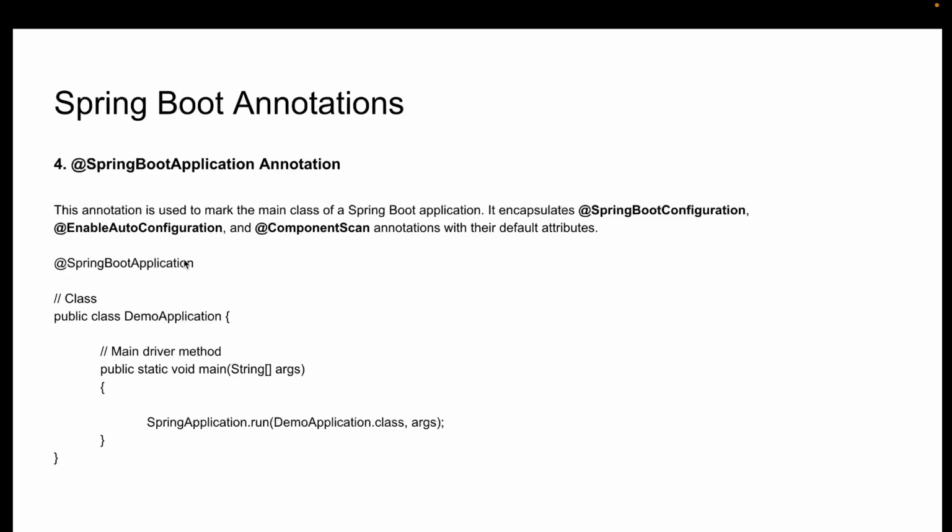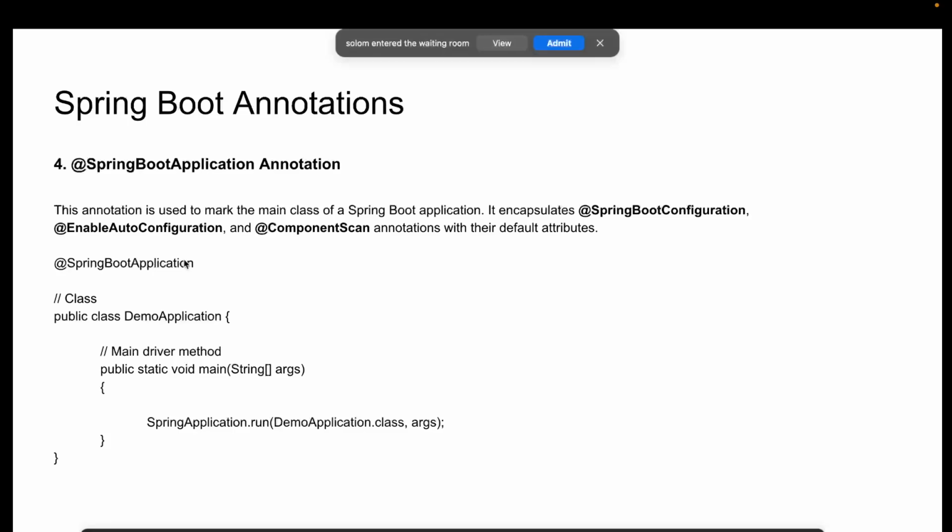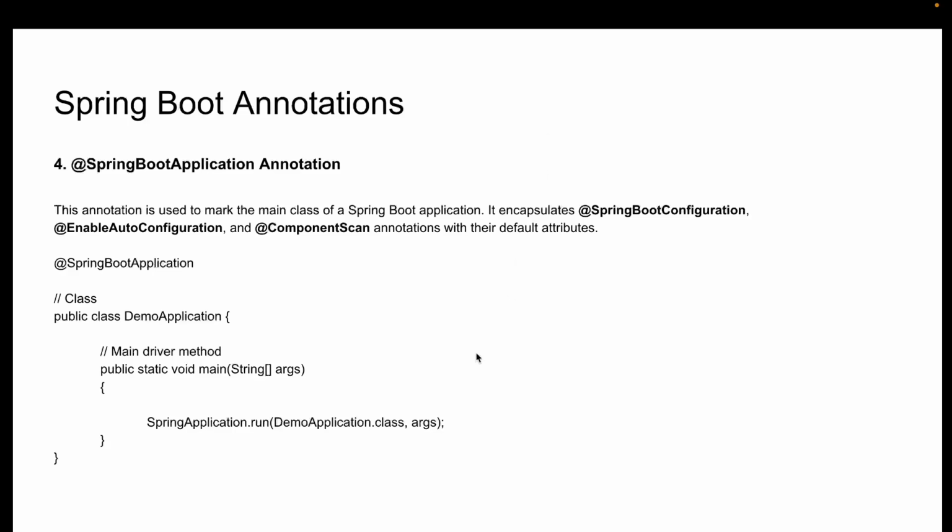It will help you with the configurations of the Spring Boot project. It will also allow you to enable the auto configuration. It will help you to embed the Tomcat server and provide the Spring MVC features. And also it will allow you to do the component scanning.